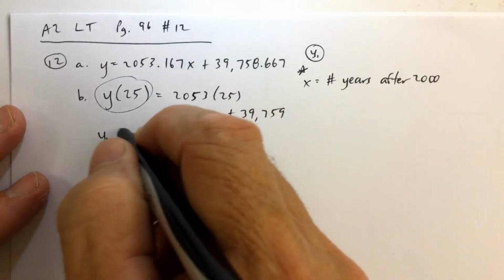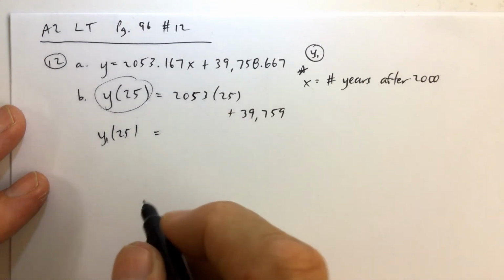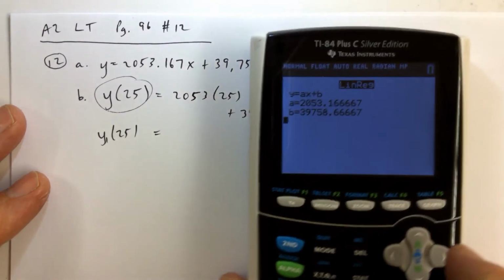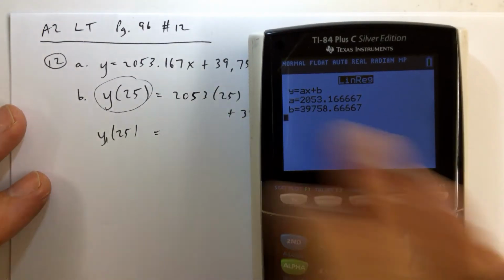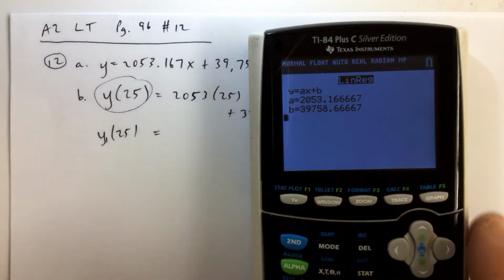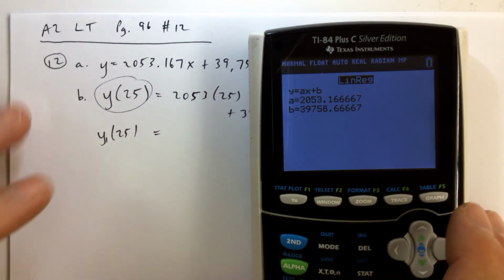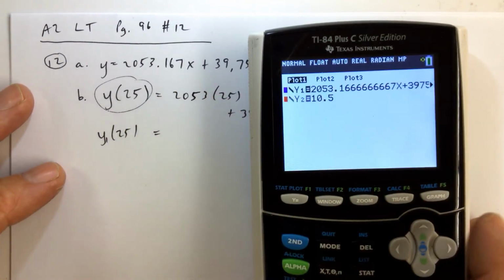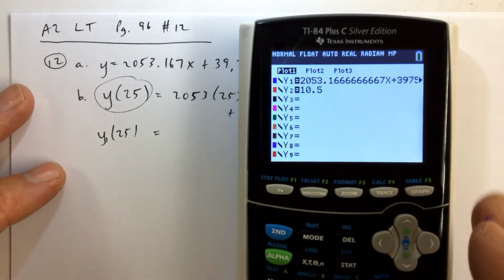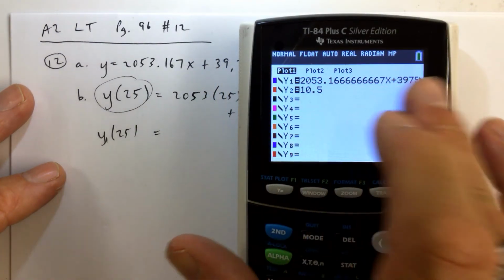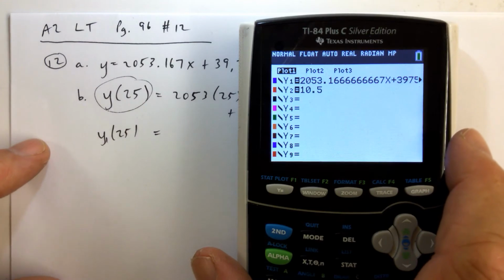I'm going to do Y1 of 25 on my calculator because I don't want to have to type all that. First of all, I want to use the exact value. See how long these digits are? This is more of an exact value than the rounded values that you see here.